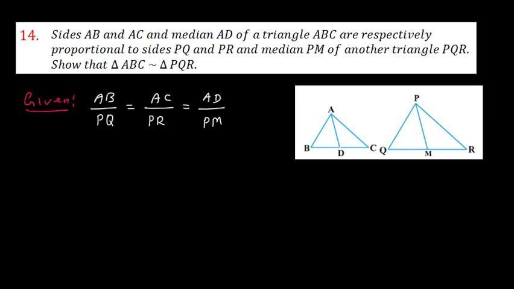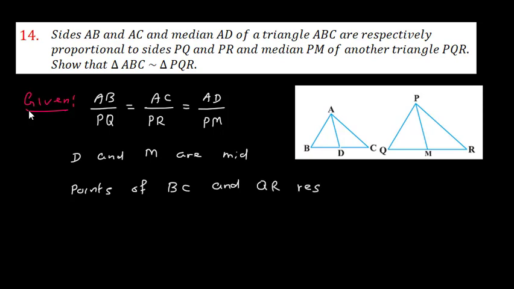One more thing is given, that AD and PM are the medians. So AD and PM are the medians, that means D and M are the midpoints. We can interpret from what is written that D and M are midpoints of BC and QR respectively.